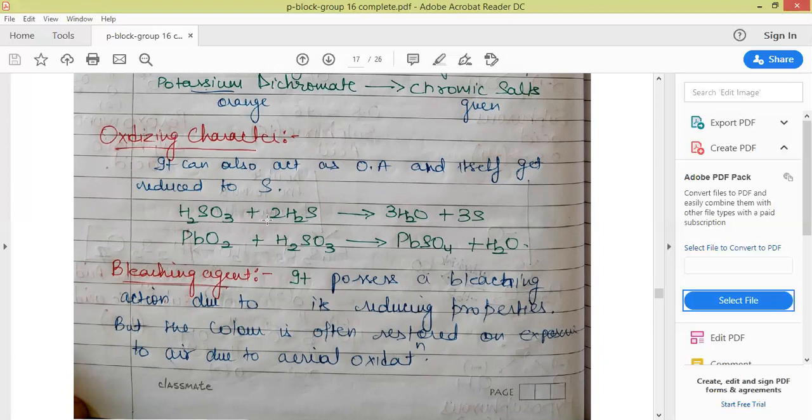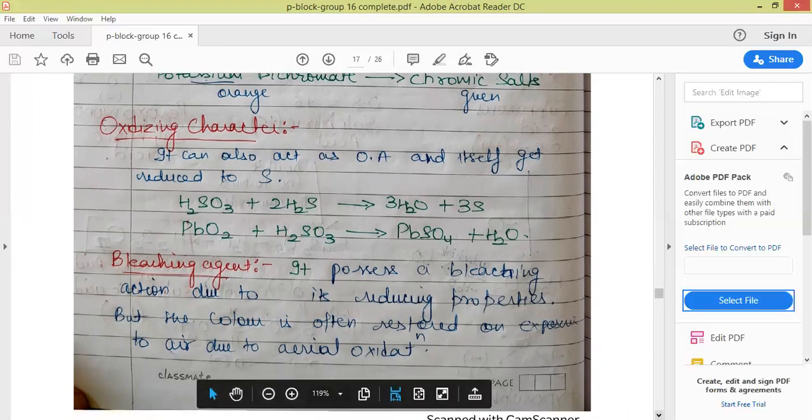That is, it can oxidize sulfur from its -2 oxidation state to sulfur in its 0 oxidation state. It can also oxidize PbO2 to lead sulfate, where the oxidation state is getting increased.